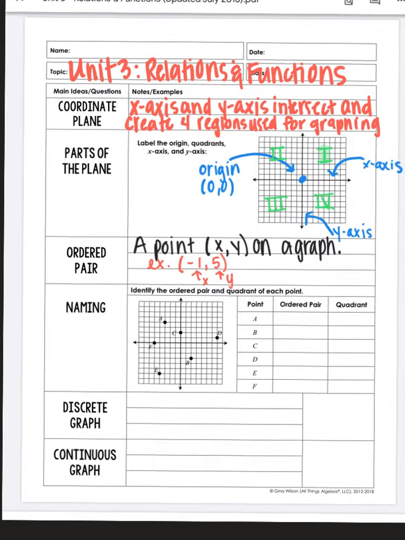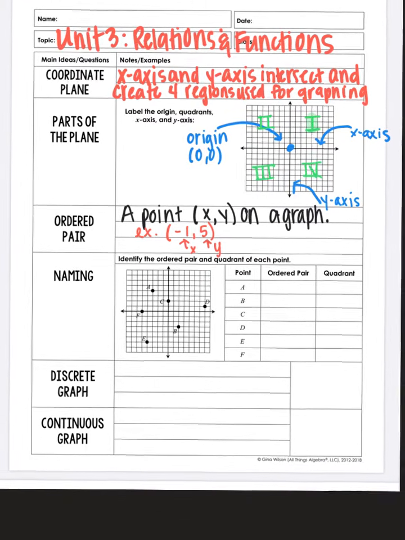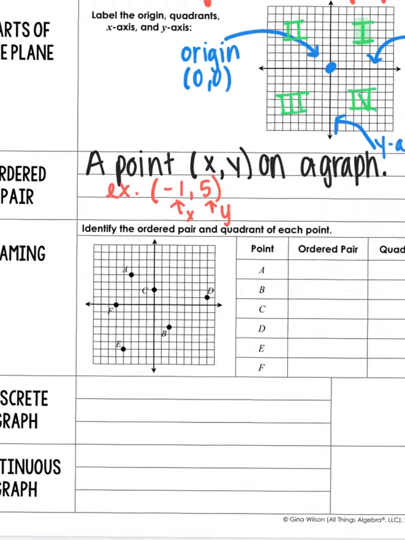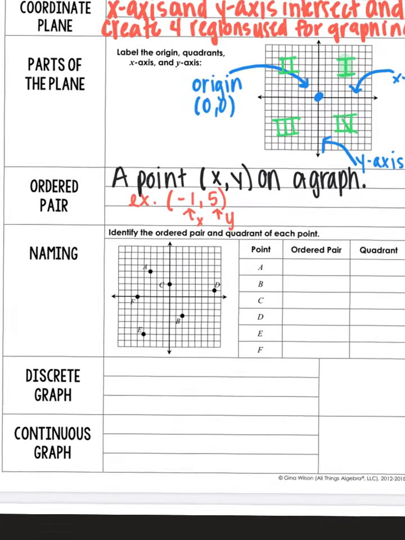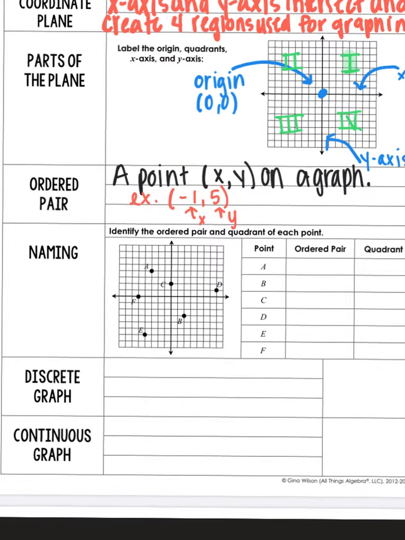So let's go ahead and identify these ordered pairs on our graph. So point A. Here's point A. When we're counting and naming points, we need to start at 0, 0. So here's the origin, 0, 0. I go left 1, 2, 3. So I went left 3, so that's -3 is my x value.